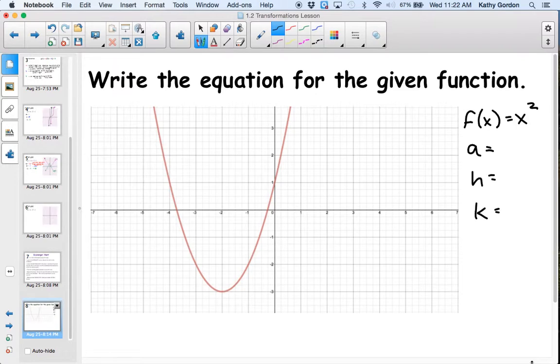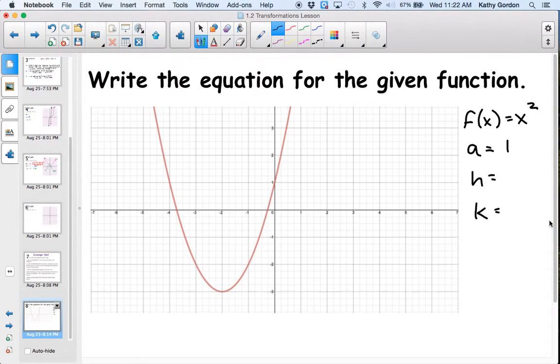Is there a negative a? No, because it opens up. Does it look narrower or wider than what a normal parent parabola would look like? No, because from our vertex, it's still 1 over 1 up, 2 over 4 up, just like it would be on a normal parabola. So we can assume that our a is just going to be a 1.